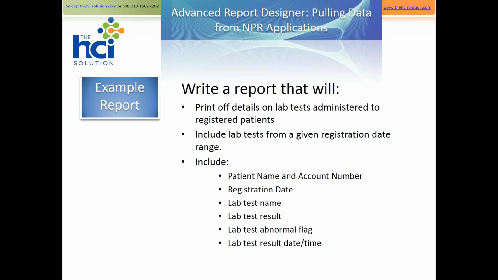These are the fields we're going to include: the patient name, registration date, the test name, the test result, and if the test was considered to have an abnormal result, we will print that abnormal flag on the report. We'll also include when the lab was resulted, the date and time.